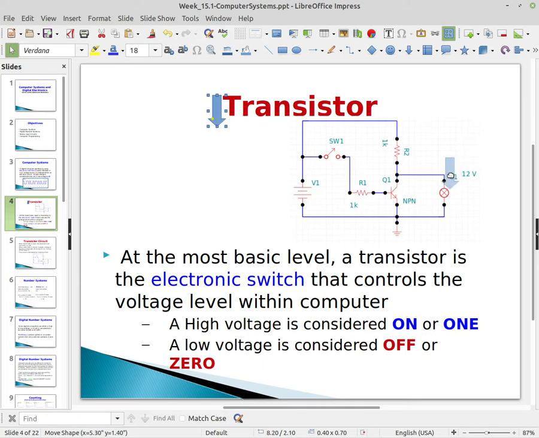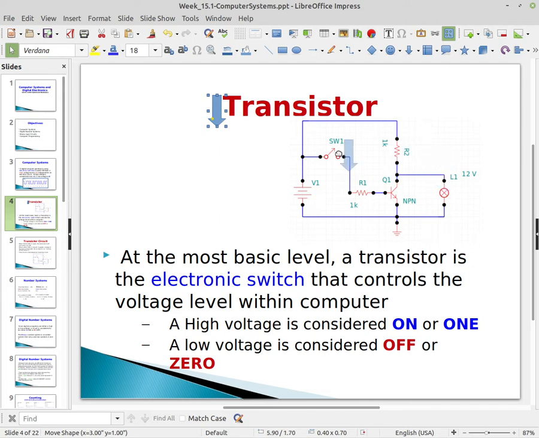Don't worry about the 12 volts. 12 volts should be over here at V1. But this is like a light or another transistor or something, but the voltage goes low in this transistor, which means that the voltage at the light is low, and therefore it would be off.